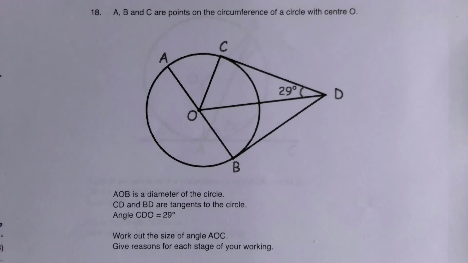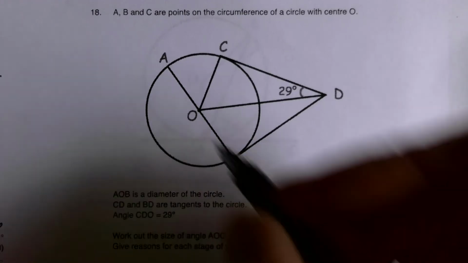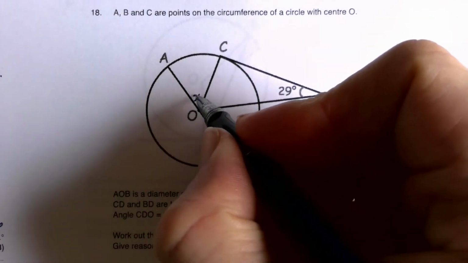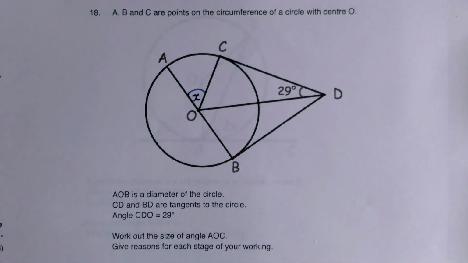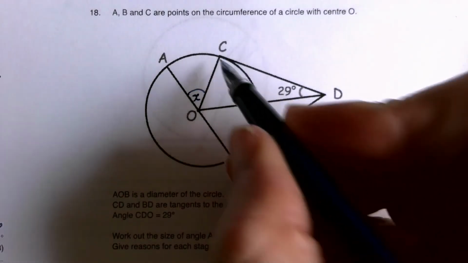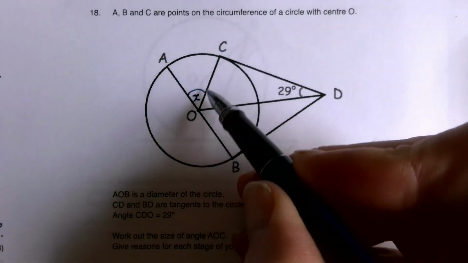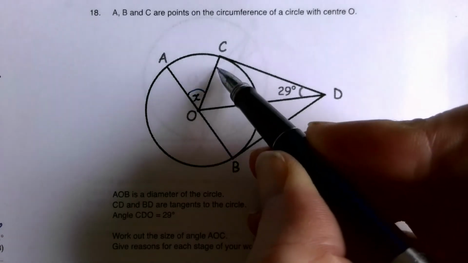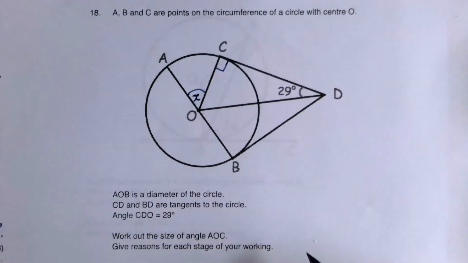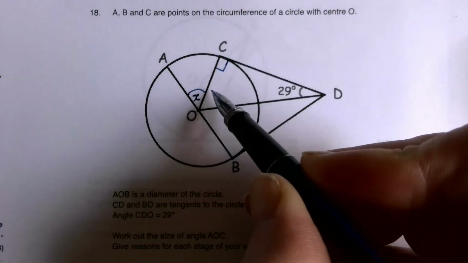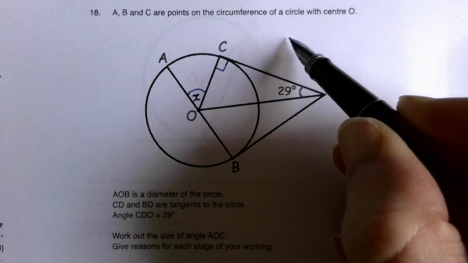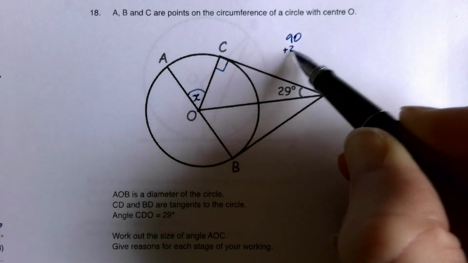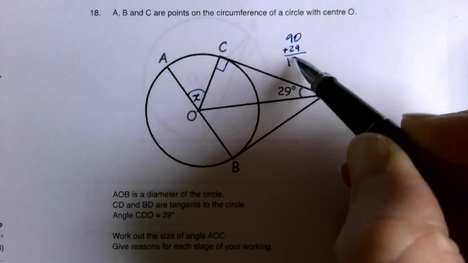So we want to know AOC, so that is our end goal. But let's work out a few other things first, because that seems a bit tricky straight away. Now that's a tangent and this is a radius, so I know that that is 90 degrees. Therefore I can work this one out here as being 90 plus 29 is 119.